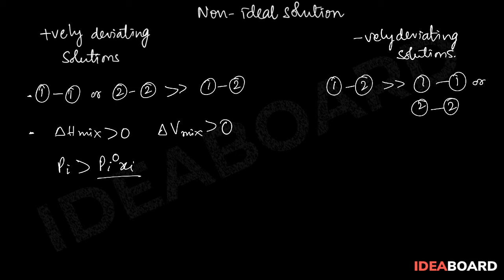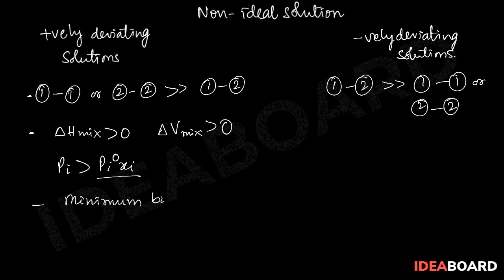So observed vapor pressure will be much more than the vapor pressure of the solution as predicted by Raoult's law. So these solutions which are positively deviating from Raoult's law will actually show azeotrope formation, and they will be minimum boiling azeotropes.